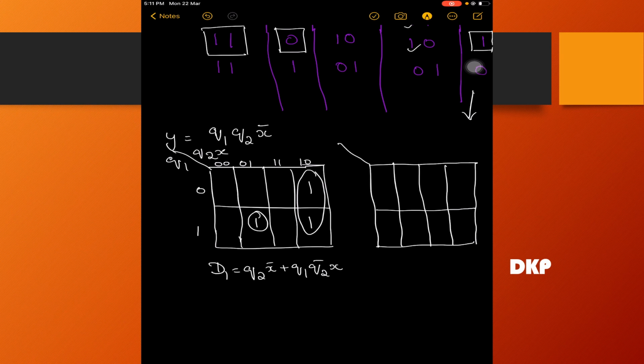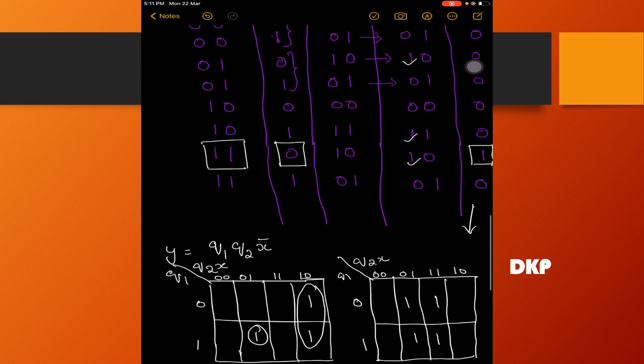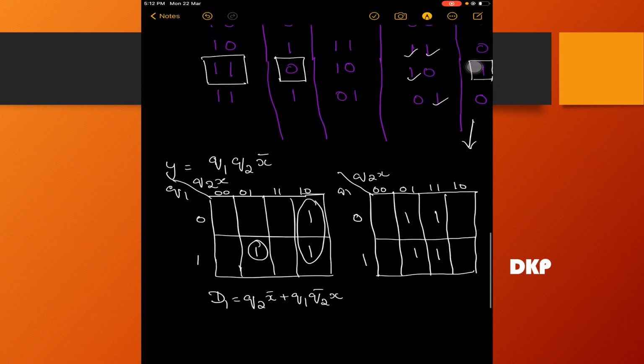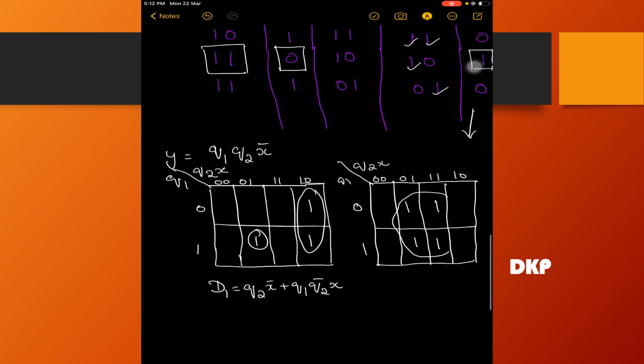This also consists of 8 cells, Q1 Q2 x, 0, 0, 0, 1, 1, 0, 1, 1, 0, 1. Place the ones here. 4 ones are there: 1, 2, 3, 4. Place those ones here and then group this so that you will get D2 is equal to x.